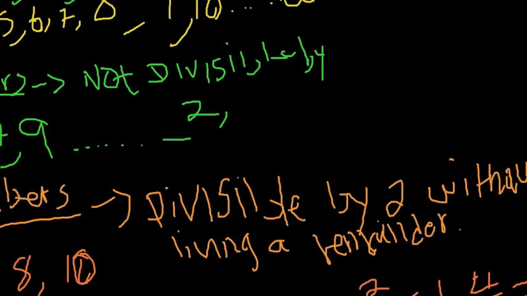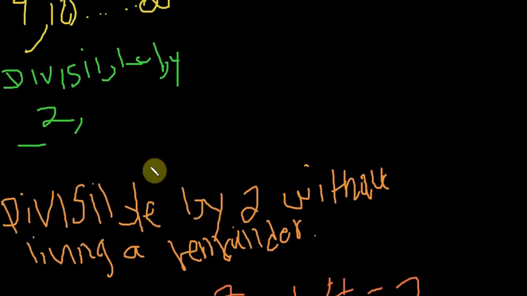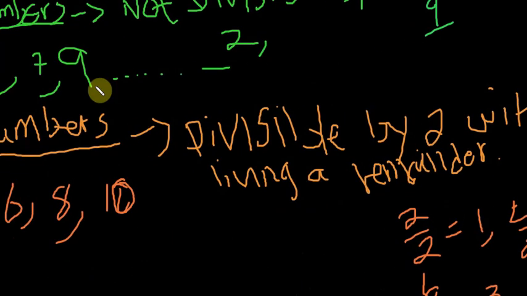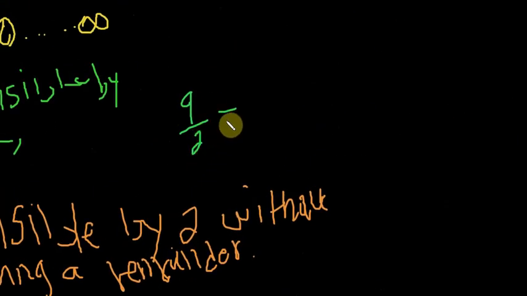On the other hand, if we divide an odd number by 2, for example 9, 9 divided by 2 gives us 4.5.